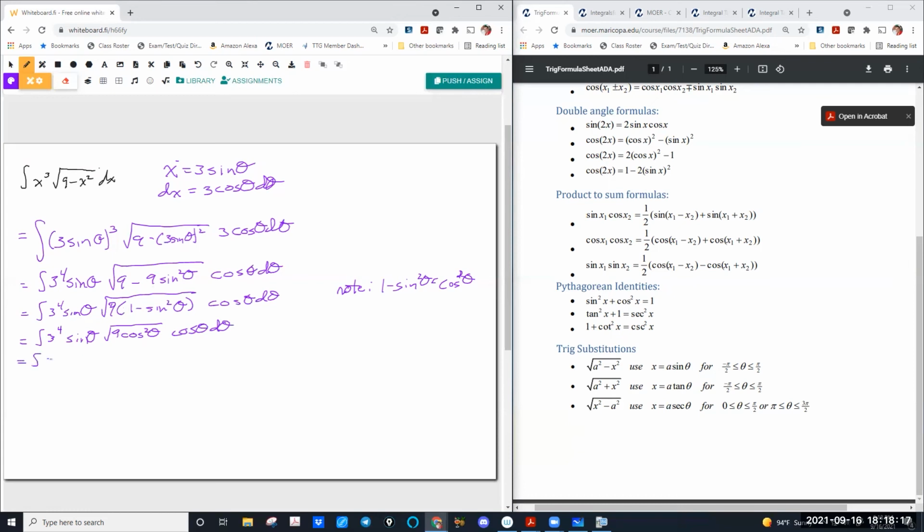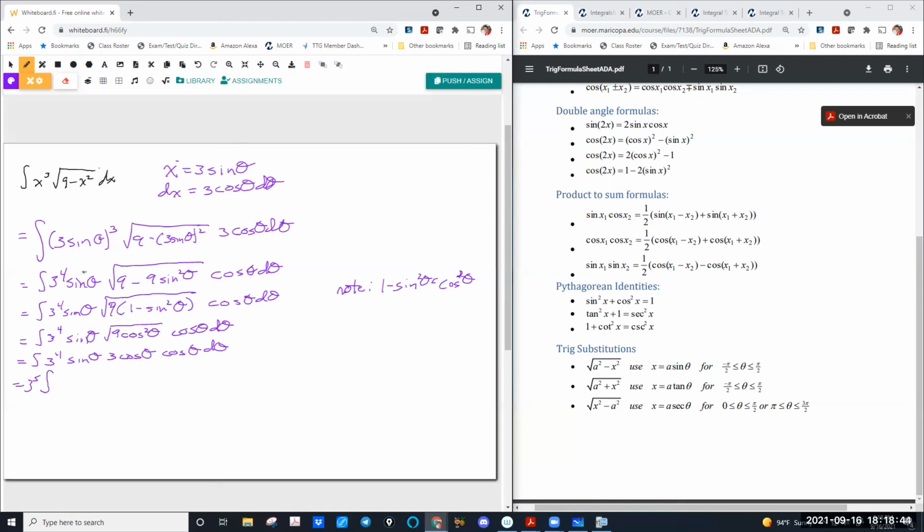So we end up with 3 to the 4th sine of theta, 3 cosine theta d theta. All right, let's get these 3's out of here. Let's put that 3 with this 3. That gives us 3 to the 5th. I'm going to pull them out this time. Oh, shoot. I've got to go back and fix something.